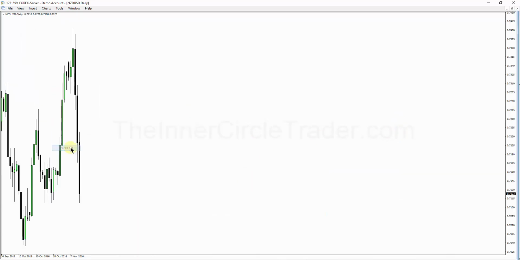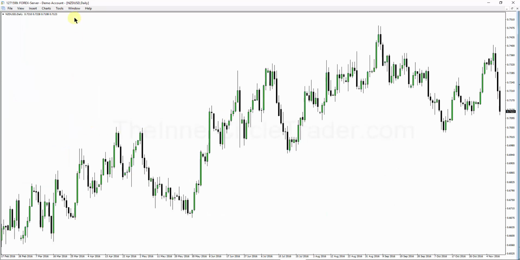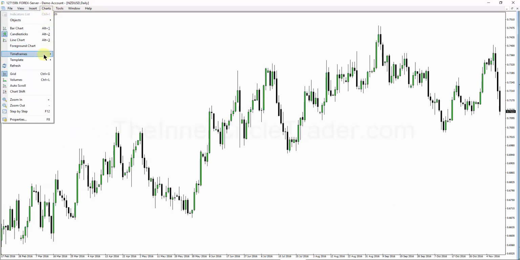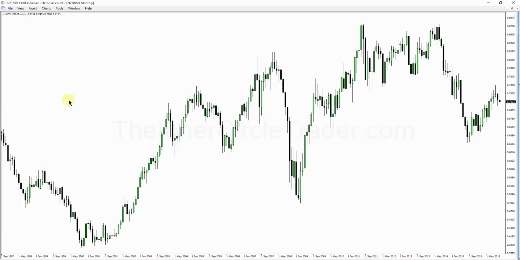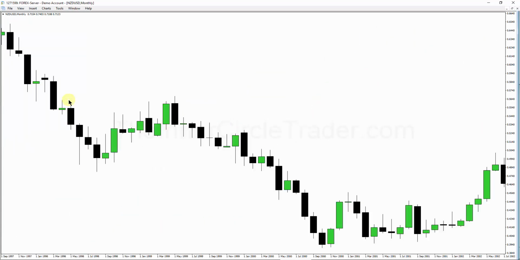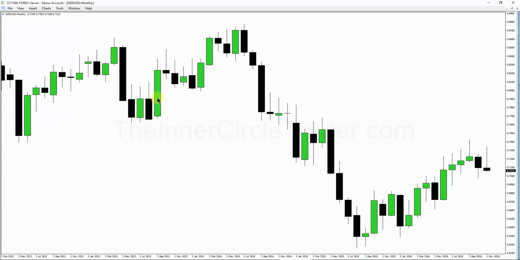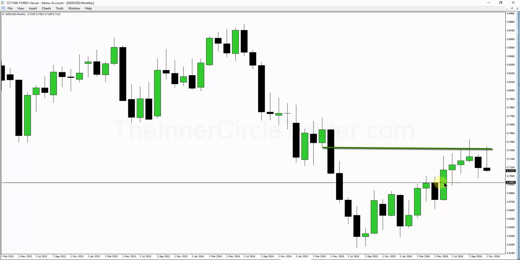Let's use Kiwi dollar, and go to a monthly. Okay, so we have the last down candle here and the most recent up candle here.